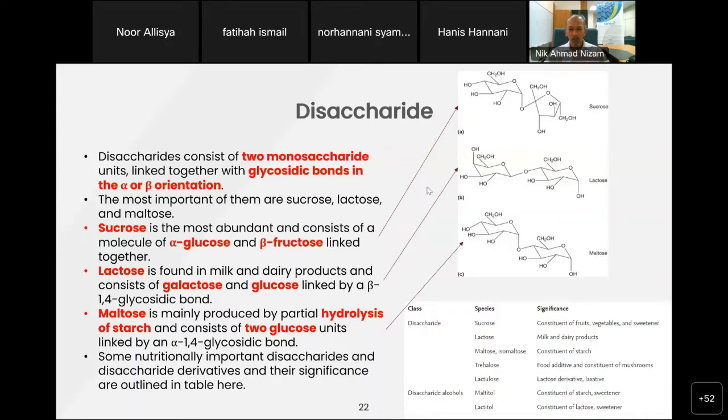Alpha glucose, also beta fructose. This is the fructose. Fructose is a 5-membered ring, and glucose is a 6-membered ring.